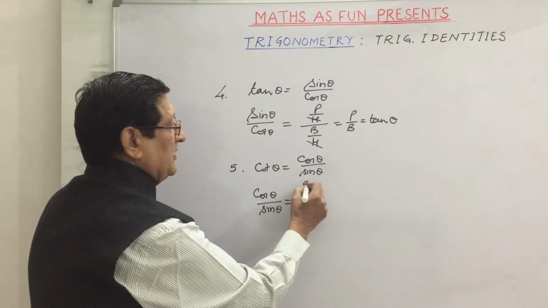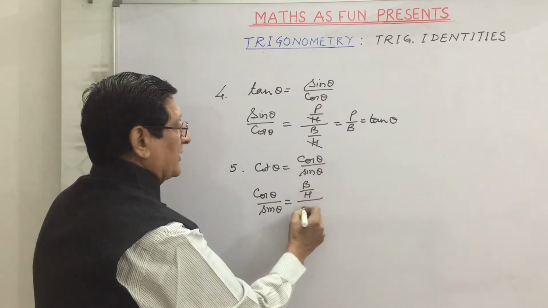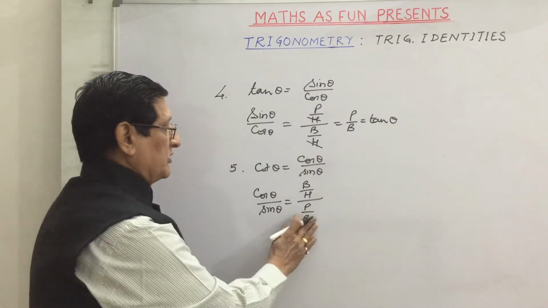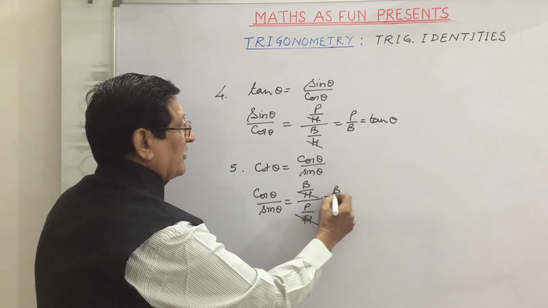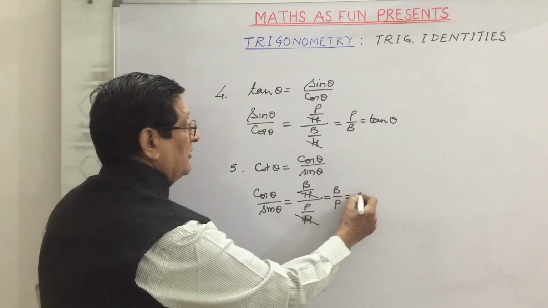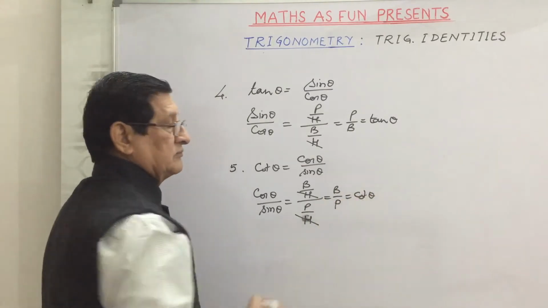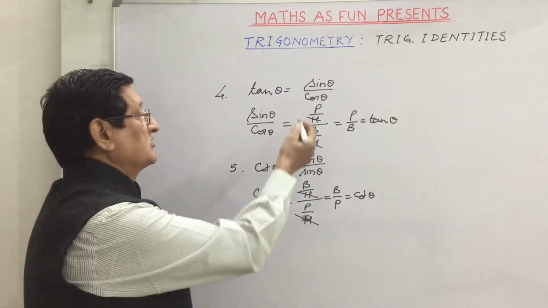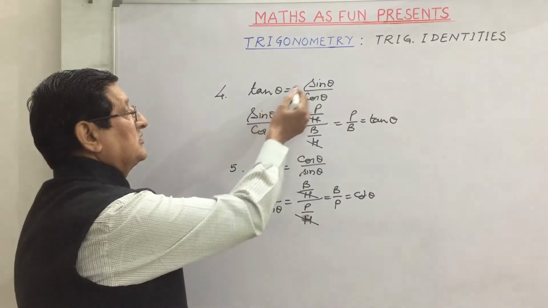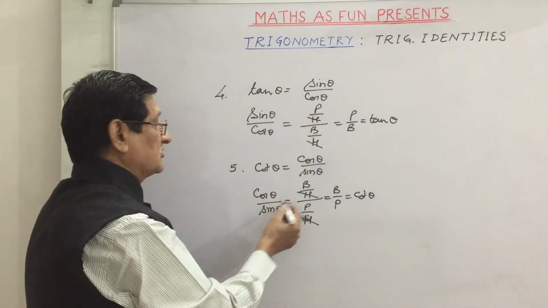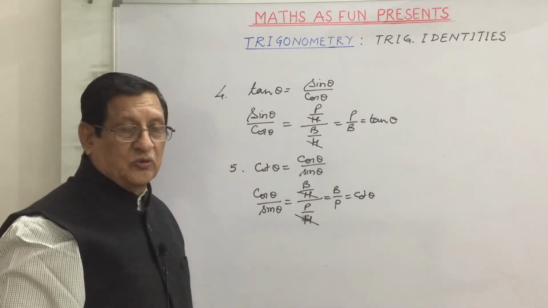This is base upon hypotenuse, and this is perpendicular upon hypotenuse. This hypotenuse cancels, and we are left with base upon perpendicular, which is equal to cot theta. So these two relations we have got between tan theta, cot theta, sine theta and cos theta. So tan theta is sine theta upon cos theta, and cot theta is cos theta upon sine theta.